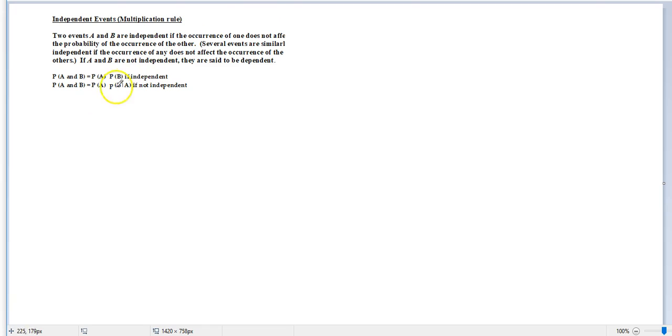So once you have those two events connected with "and", now you need to determine whether these two events are independent or dependent.